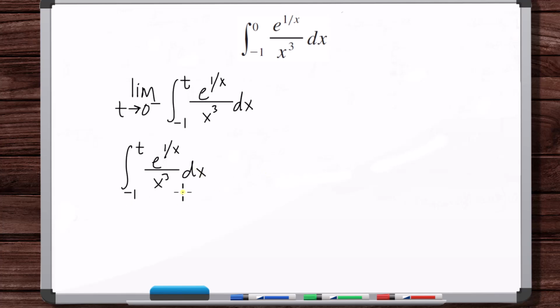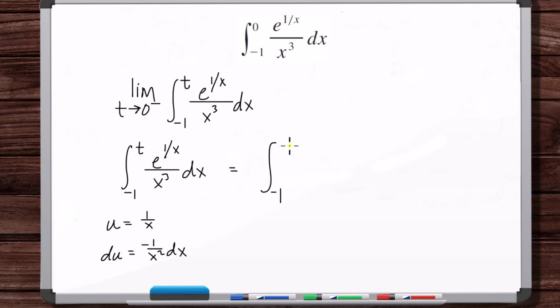We can say that u is equal to 1 over x. Therefore, du is minus 1 over x squared dx. And so what we've got is when x is equal to minus 1, u is equal to minus 1.